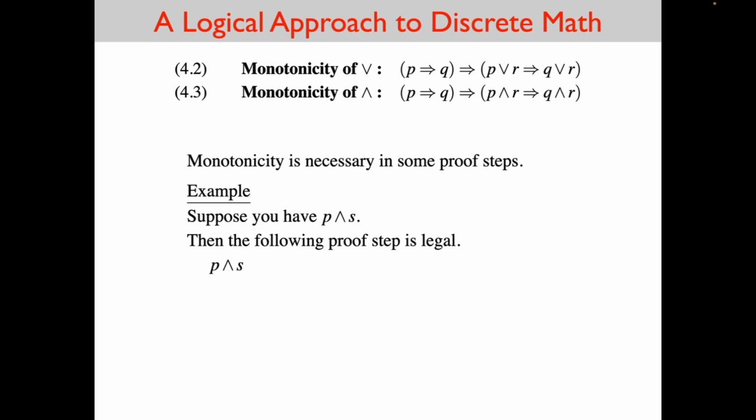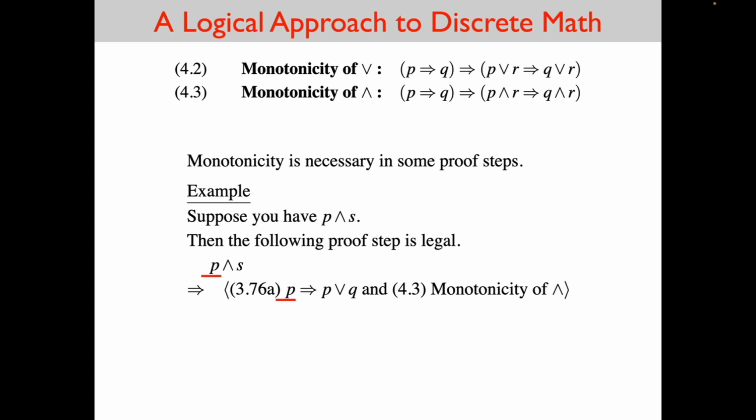And so we have P and S. And now in this step we are going to use 3.76a, and I have reproduced it here in the hint. 3.76a is P implies P or Q. Now, notice that we have P in our step, right?